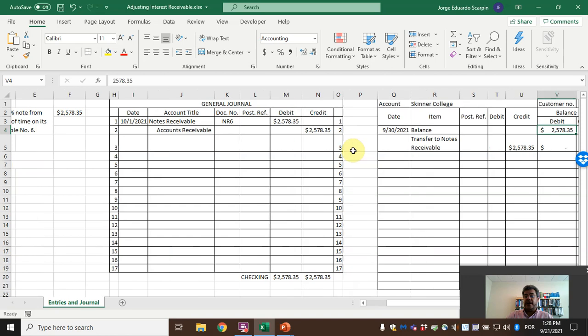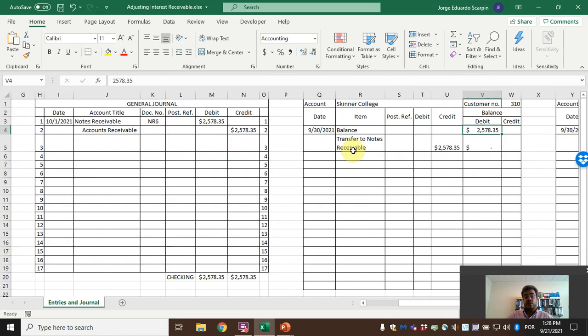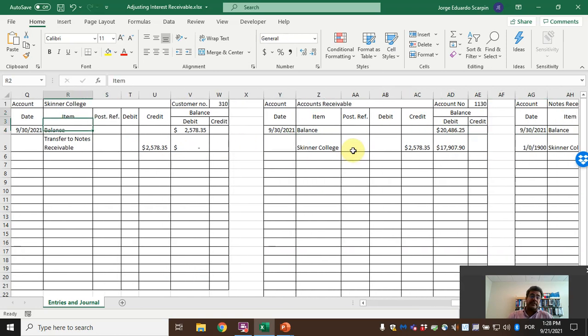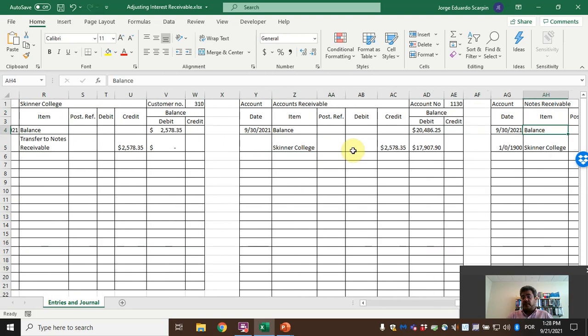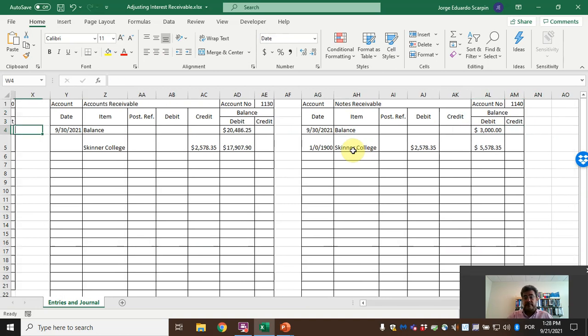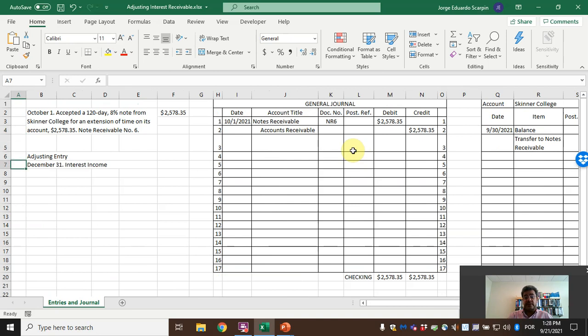So here our accounts receivable, we close it because we are transferring to notes receivable. Accounts for these customers, Skinner College, we reduce our global accounts receivable and we open a notes receivable. Good. However, what do we do with the interest?